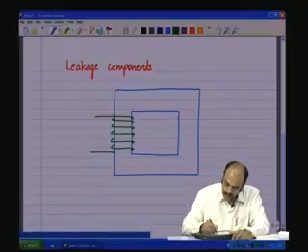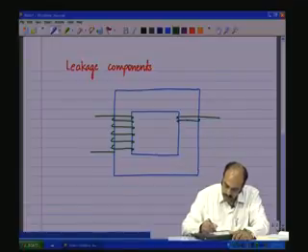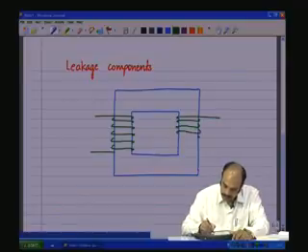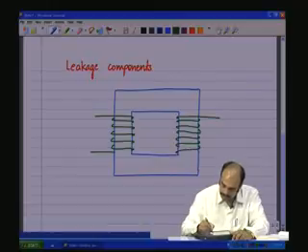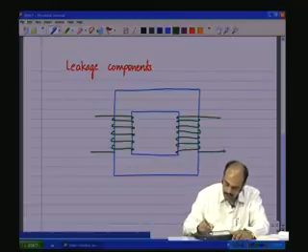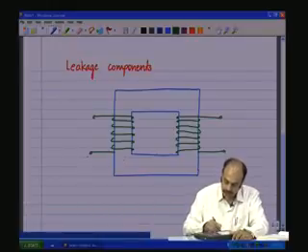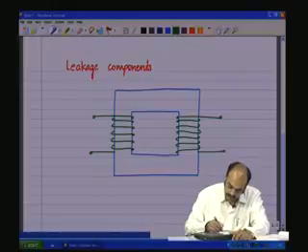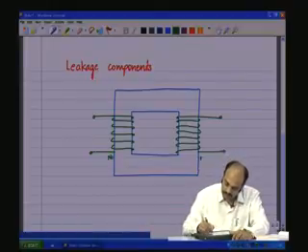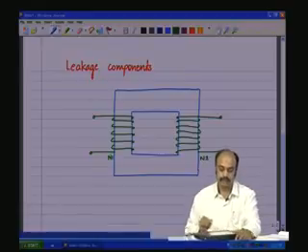We also have the secondary windings wound on the same core, as shown like this. This is the primary and the secondary. We have N1 number of turns in the primary, and we have N2 number of turns in the secondary.